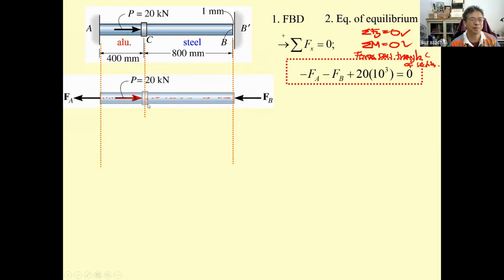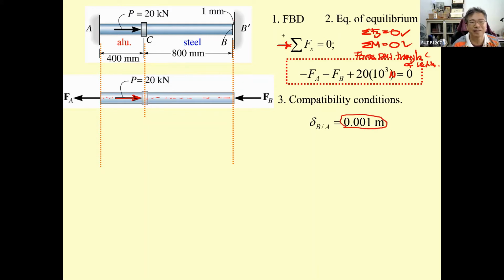You get minus F sub A minus F sub B, and since you put this one in the positive, it's going to be plus 20,000 Newton. And you have only one equation, so you need the compatibility condition. Now, this one will not be zero as in the previous one because this one has the gap. So you just put the gap into the compatibility condition from the previous one.